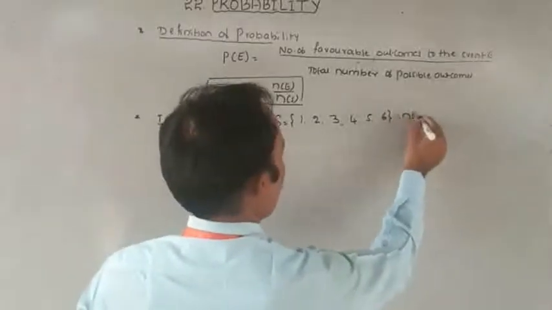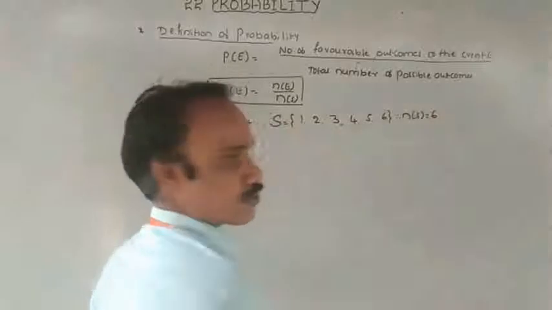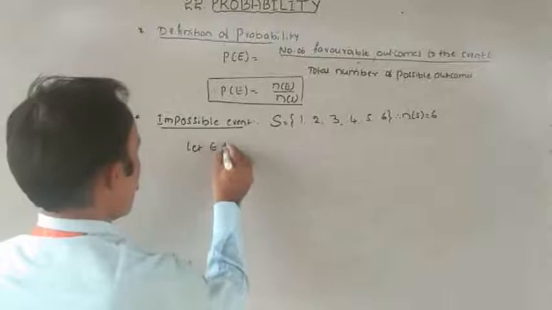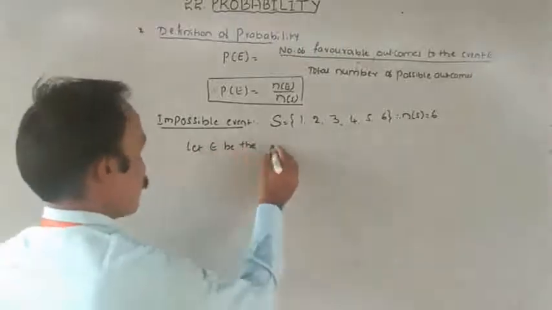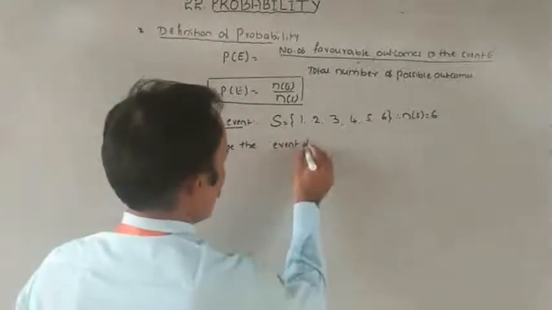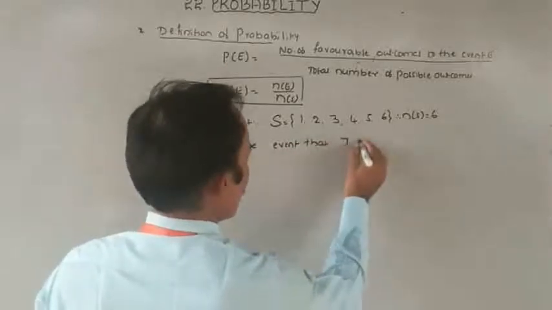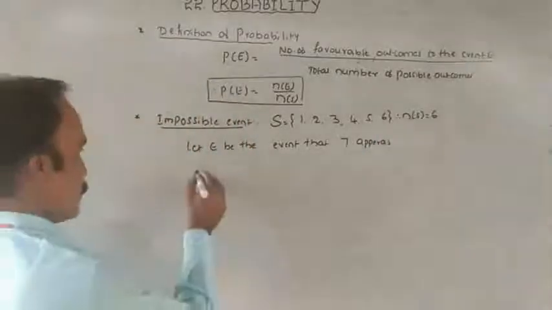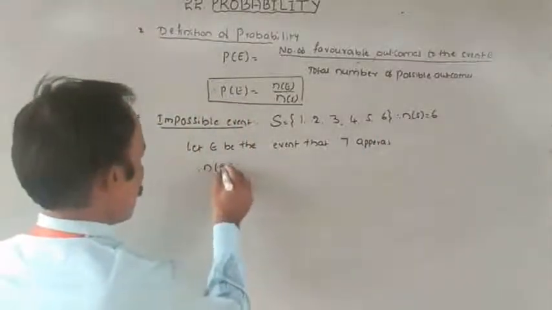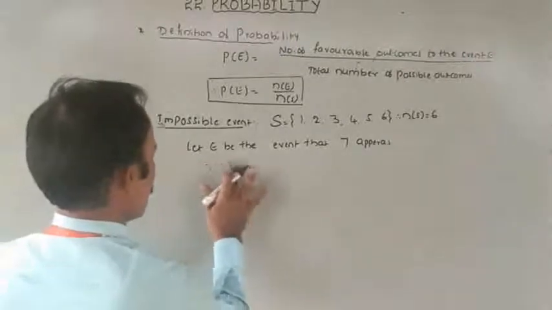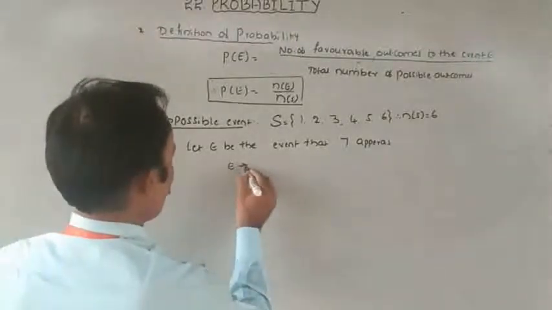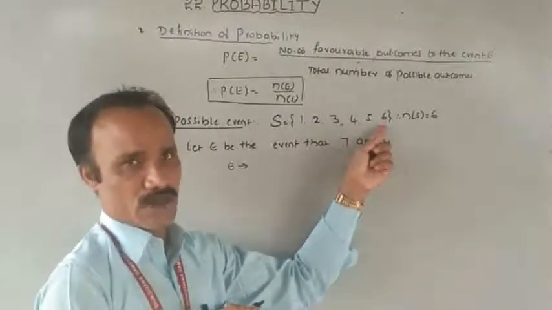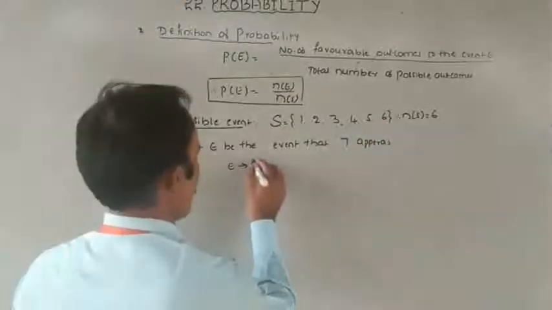What is the value of n of S? It is equal to 6. Now, let E be the event that 7 appears. Does it happen? Is it possible? 7 appears, maximum 6 is here. So this is impossible.